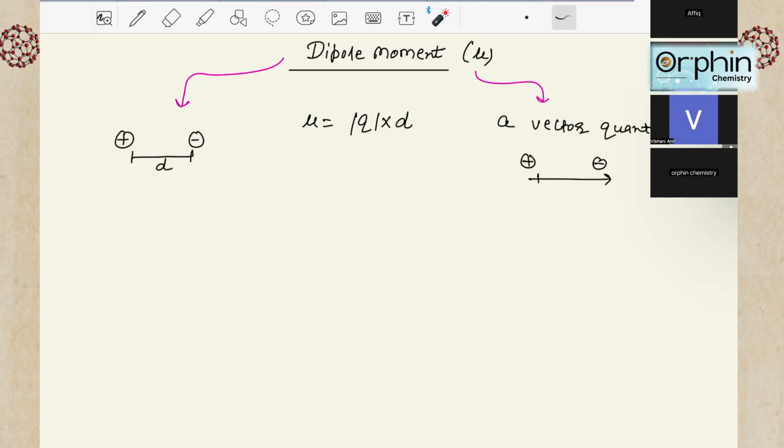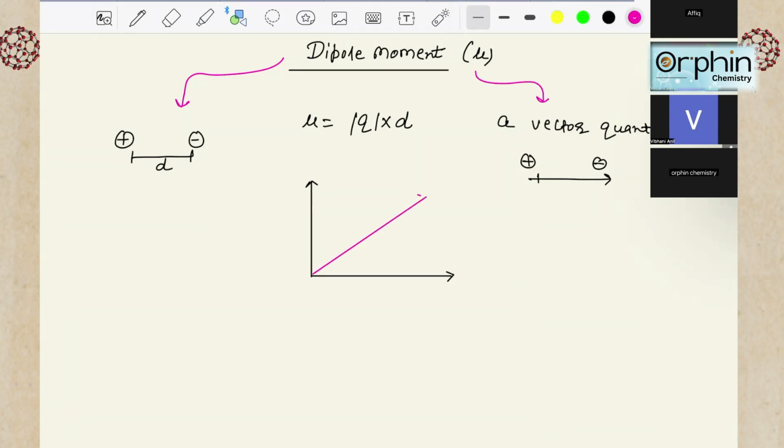Okay, so this is one thing. And now there is a formula. Suppose we have two dipoles, or we can say vectors. The resultant vector, as everyone knows in physics, will be in between them, and it will of course depend on the angle between them. So there comes a formula.